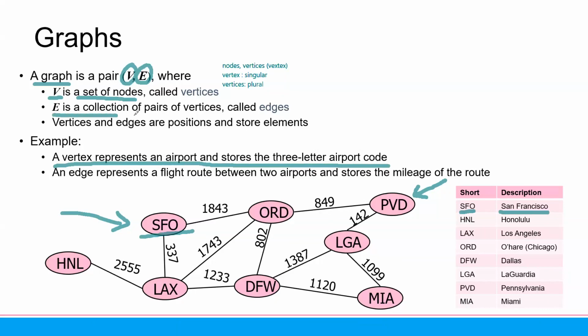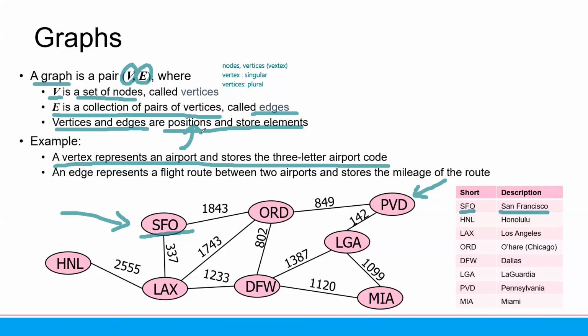E. E is a collection of pairs of vertices. We call it edges. Vertices and edges are positions and store elements. If you still remember the position, we use it in the priority queue.